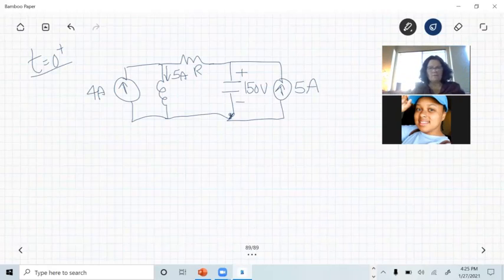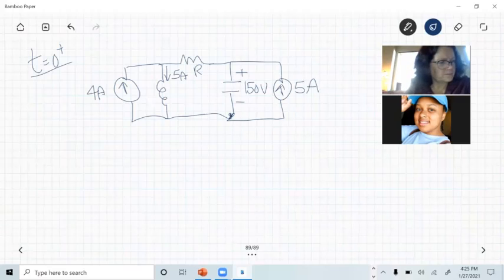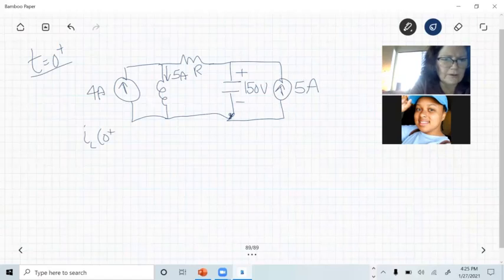What we want to get from this, and what the slide asks you for, is all the voltages and currents in this circuit. So I need IL. That just equals IL of 0 minus, and we've already solved for that, 5 amps.